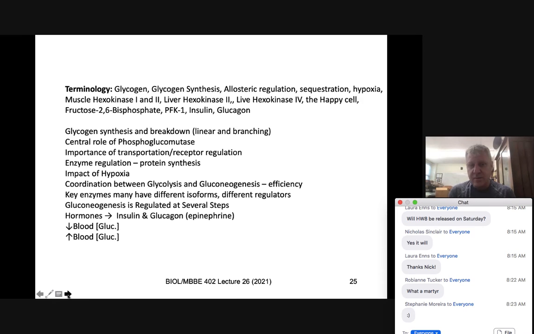We now know there's a difference between some of these enzymes in our main metabolic pathways, depending on what they're actually doing in regards to the cellular type, such as the hexokinases versus the liver versus the muscle. We should understand about the happy cell in regards to some of the components and how we keep that cell happy in regards to meeting the energy requirements.